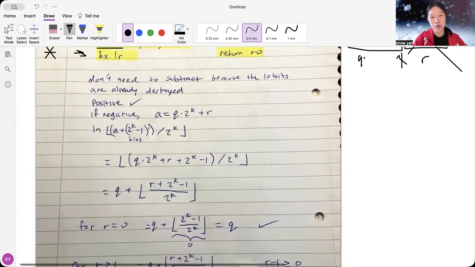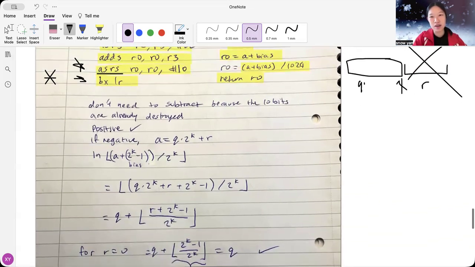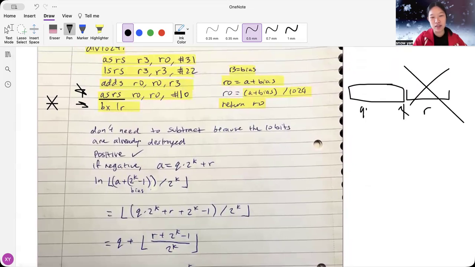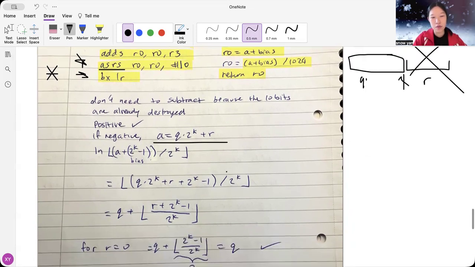A more formal proof of that is that if it's positive, then we don't have to deal with it. If it was negative, then we have the case that A is equal to Q times 2 to the K plus R. So what we can do is, inside our bracket, we have the bias.